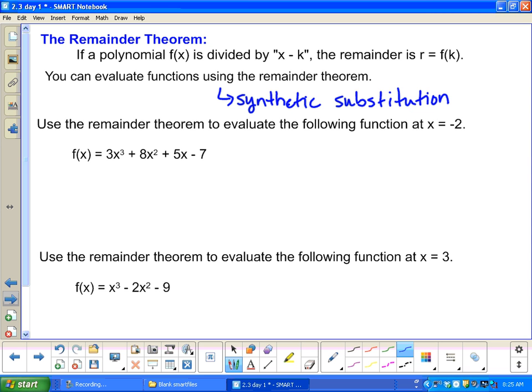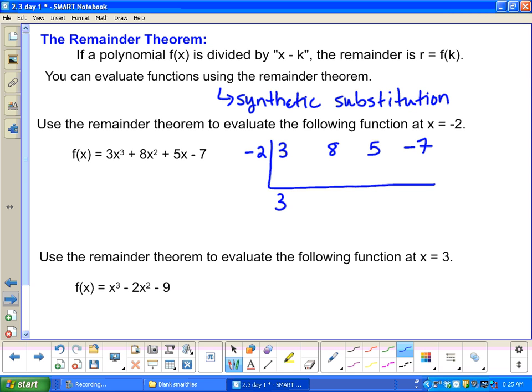So if I want to use the remainder theorem or synthetic substitution, I already have what x is equal to. x is equal to negative 2. My coefficients are 3, 8, 5, and negative 7.